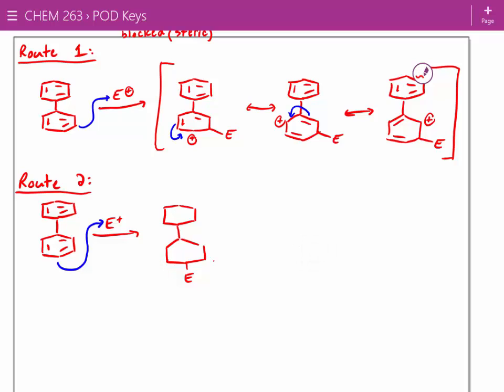I guess I'll draw it on this side, keep it consistent. We can draw resonance structures. So let's draw out a couple of them. I'm not going to draw them all because I don't want to take up the whole space of the paper.